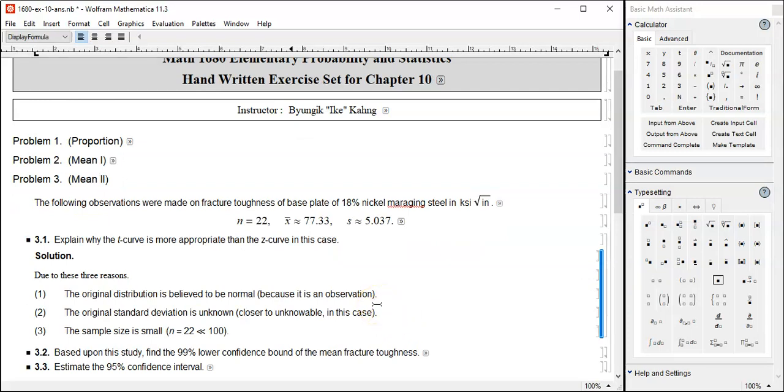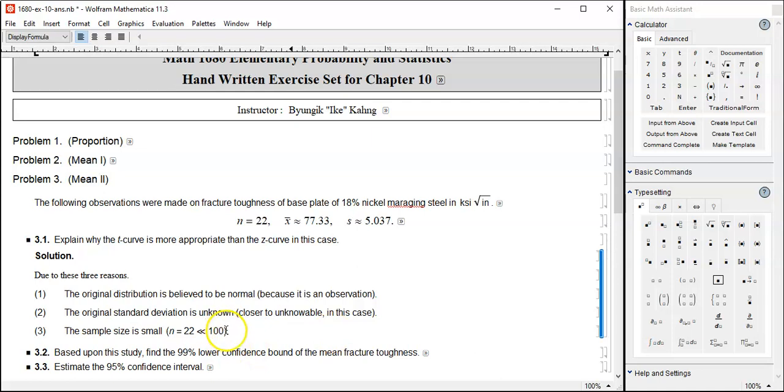The original distribution is believed to be normal because it's an observation. These are all coming from observation, not a sample study from a population, which may have some weird skewed form. This is coming from observation, so it's clearly normal. And the standard deviation is unknown. Yes, it is coming from observation, so closer to unknowable rather than unknown.